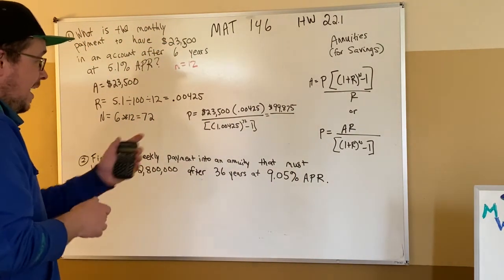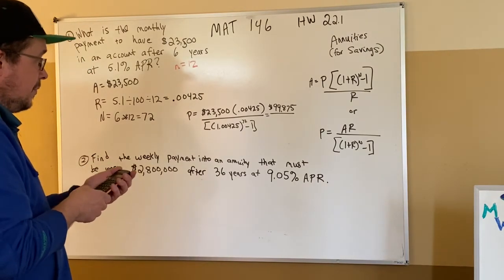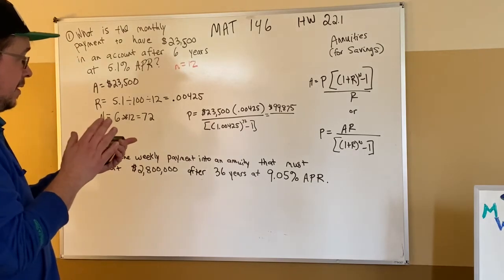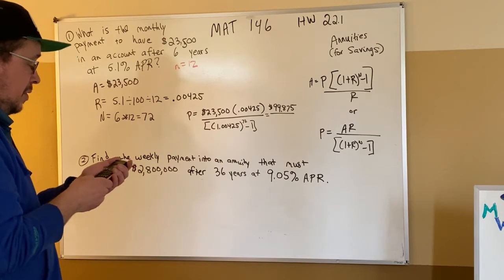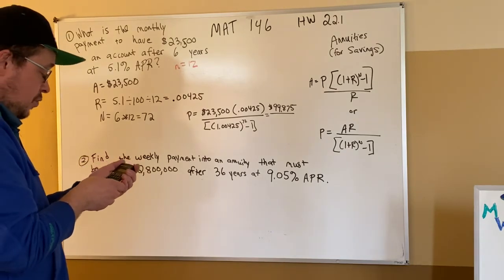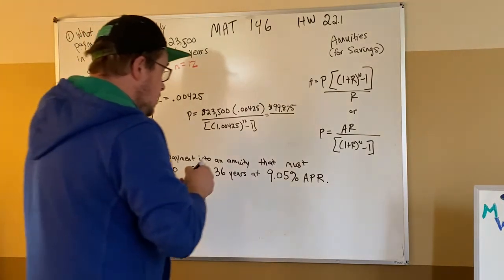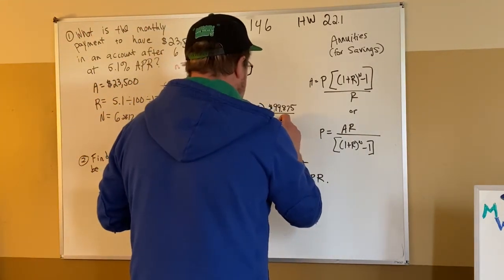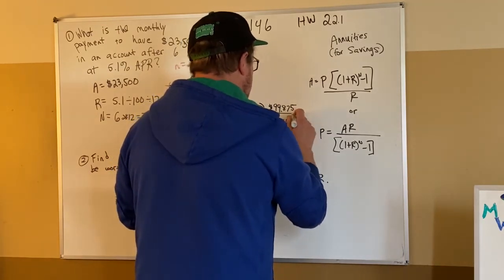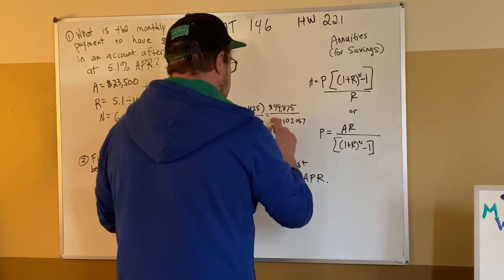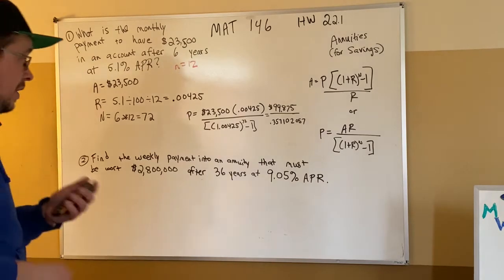So what I now want to do is figure out what the bottom is, where I have 1.00425 raised to the power of 72, and then from that I'm going to subtract 1, and I'll come out with 0.357102057, and I've taken all of them to see what I can get here.